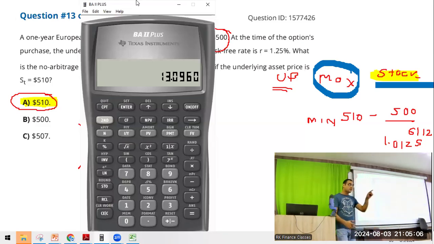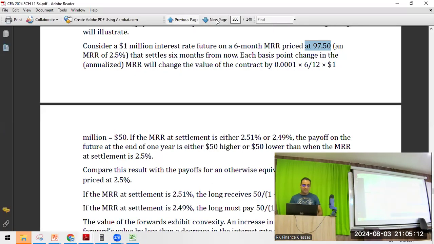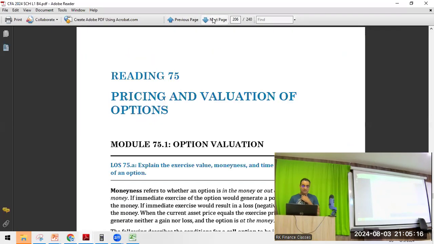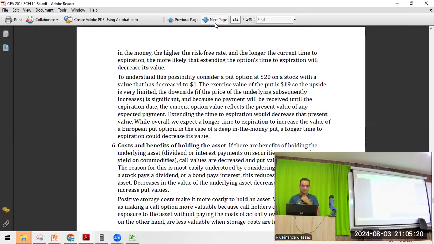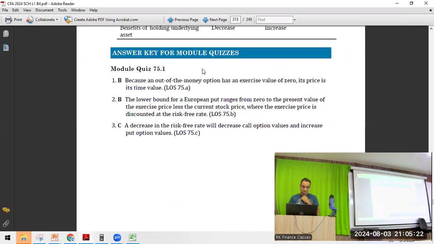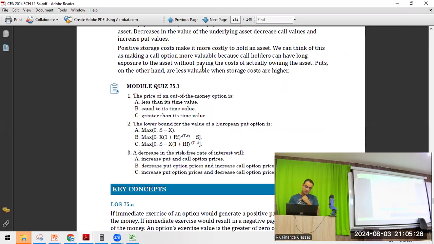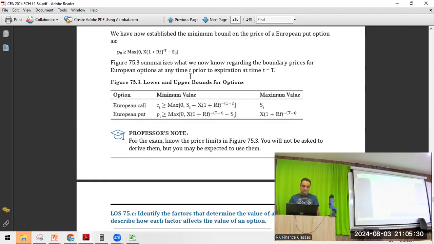So I said it was not possible to remember it from that table, at least for me. What is the reading number? The table is also given in the key concepts of reading number 75. Look at the summary of the chapter. 75 or 74? 75 only. No, the key concept didn't have it. This one.